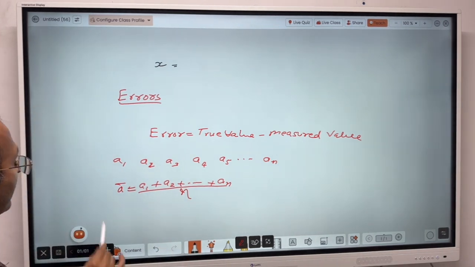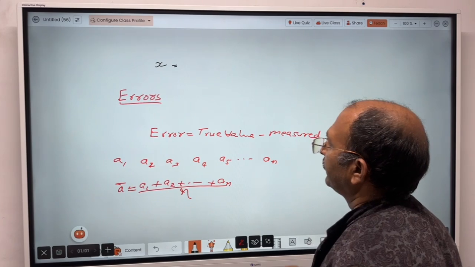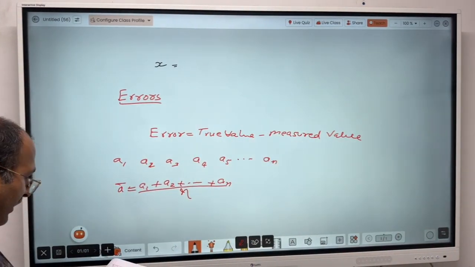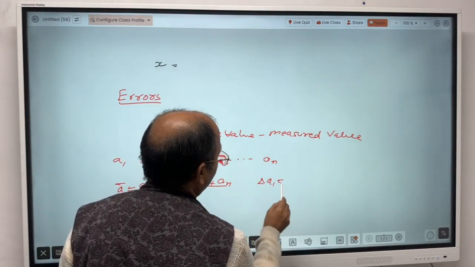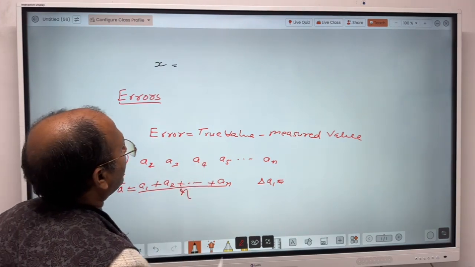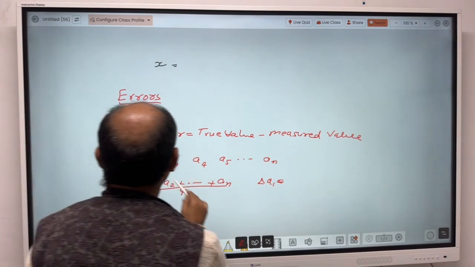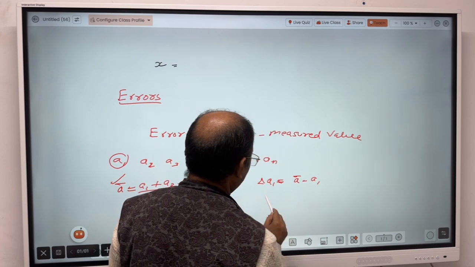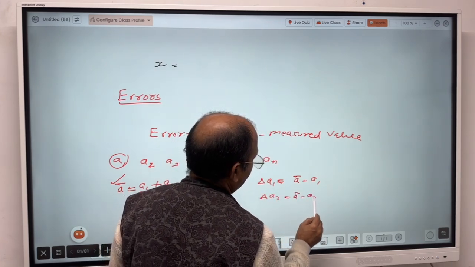Now we have to find the deviation of each measured value to get the errors. So we can calculate the errors, like delta A1. Delta A1 means this is A bar, this is the measured value. As per the formula, true value means the average value here. So delta A1 is A bar minus A1. Similarly, delta A2 is A bar minus A2.